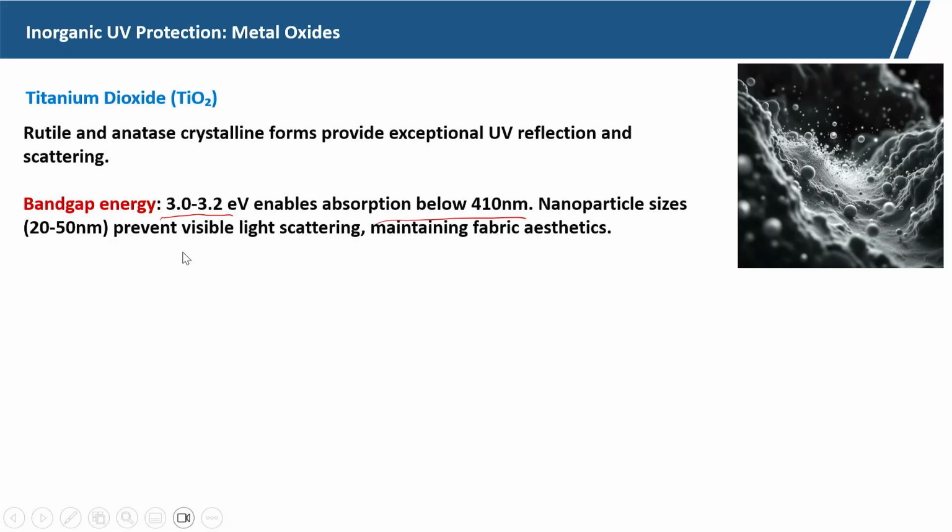Nanoparticle size of 20 to 50 nanometer prevents visible light scattering and maintains fabric aesthetics. Due to its very small size, light scattering is not there, so the fabric's aesthetic color does not change.